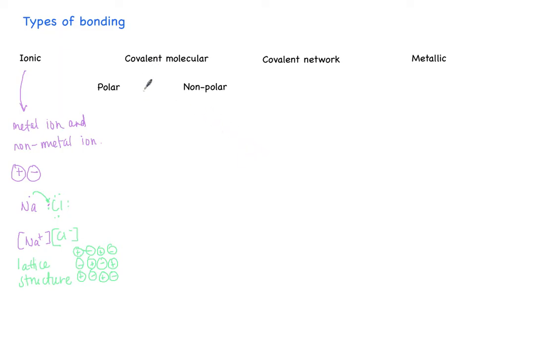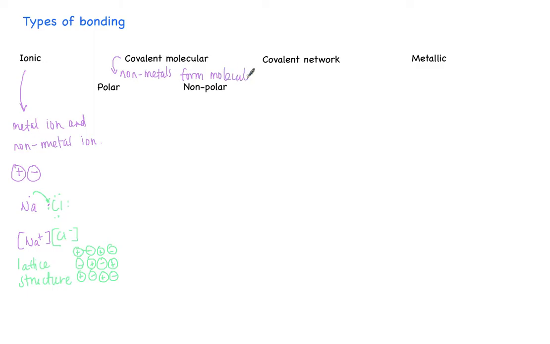Now, covalent molecules. Okay, the way that we can start to figure out what substances are going to form covalent molecules is generally when we have non-metals forming molecules.